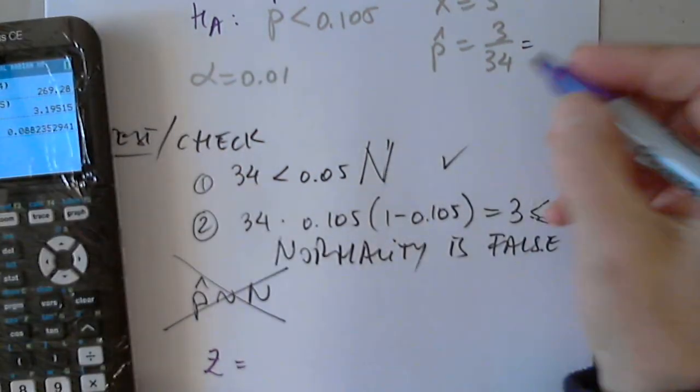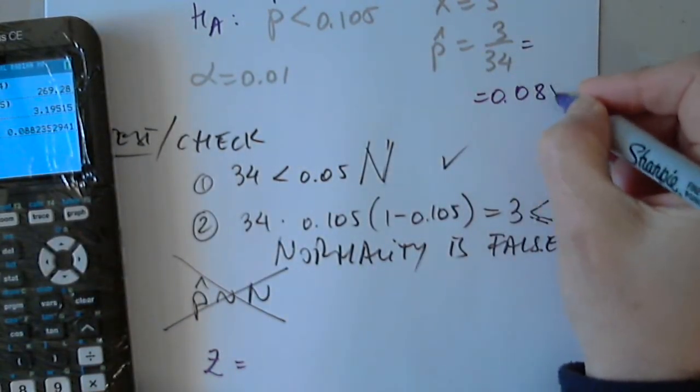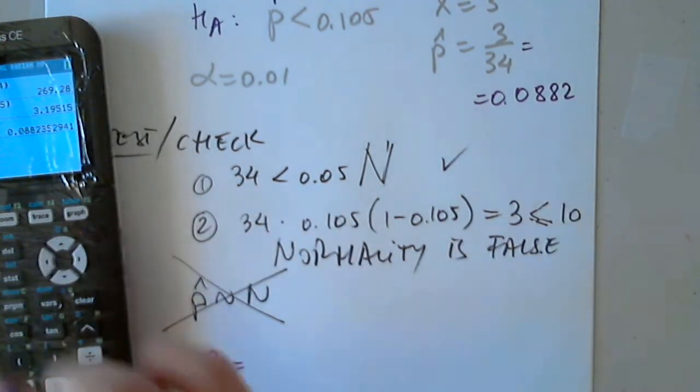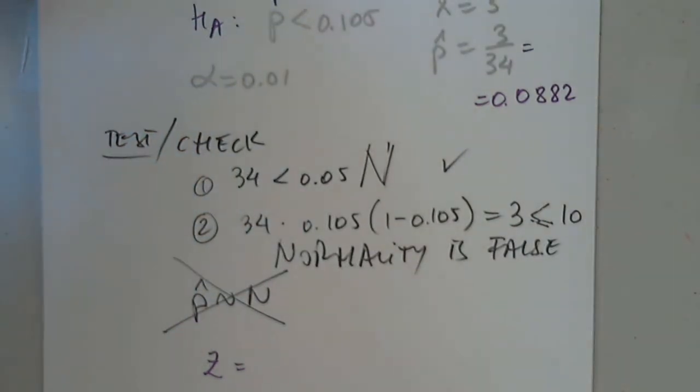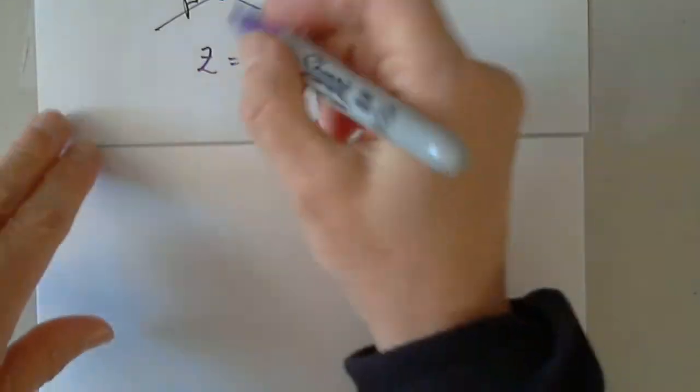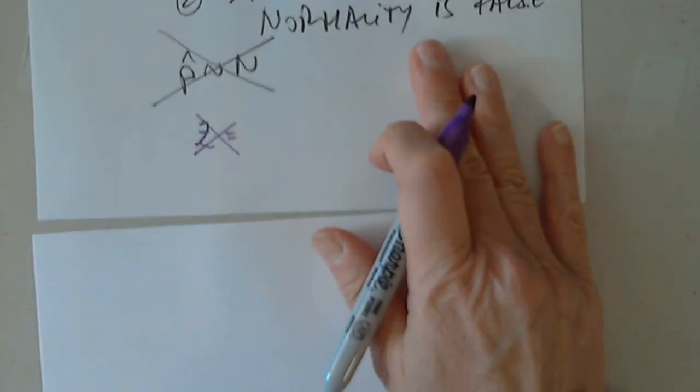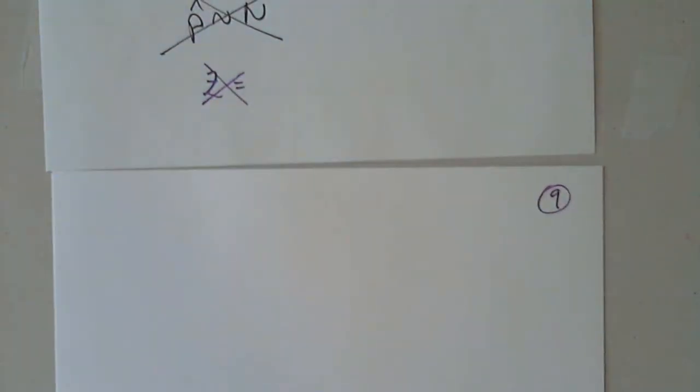It's much better. 0.0882. Okay. So here's what I would recommend we do. Much easier. Which page am I on? I'm on page 9. Okay.